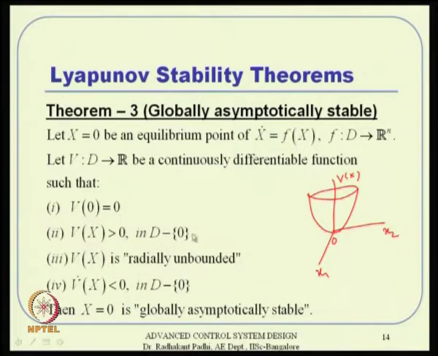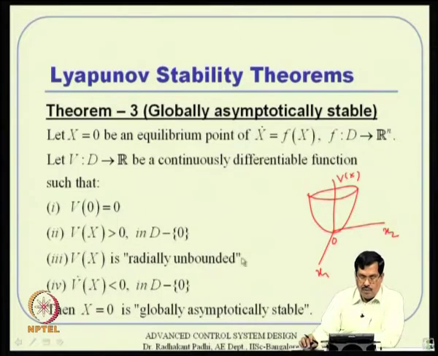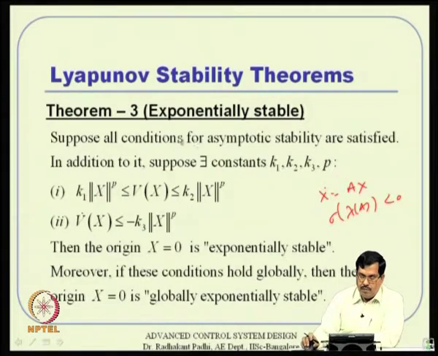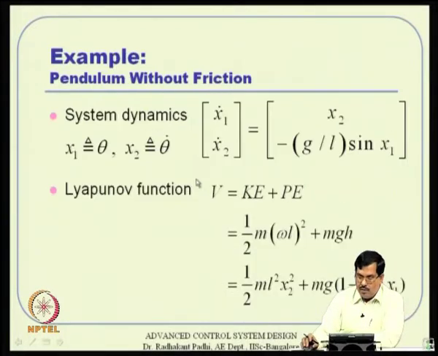If it is the global behavior you want to study, then V of x has to be radially unbounded. Remember, this is still V of x, which means we can select a V of x that satisfies that. With respect to that selection, V dot of x has to be negative definite. Only then can you talk about globally asymptotically stable behavior. Then exponential stability needs these two additional conditions in addition to the asymptotic stability condition.